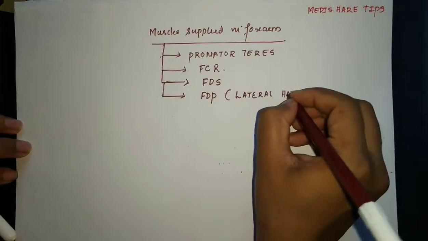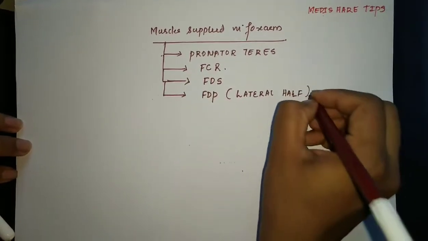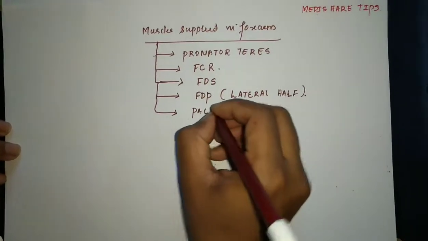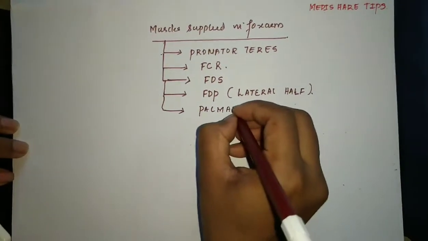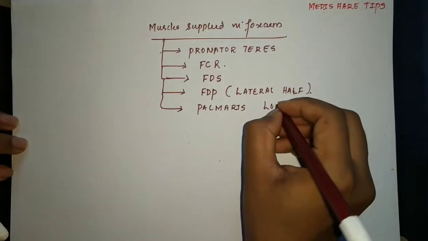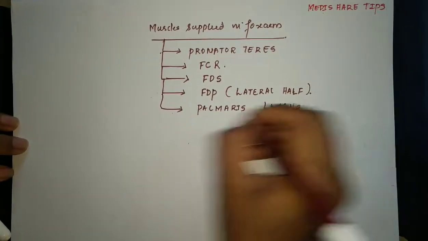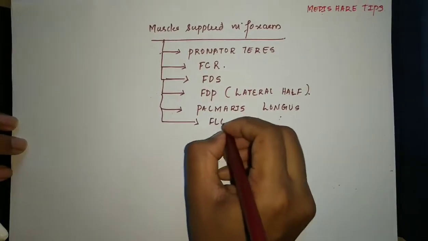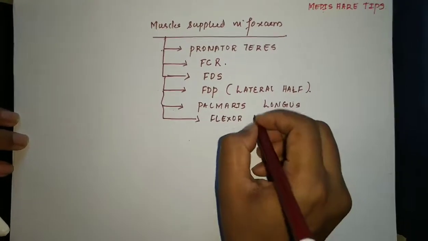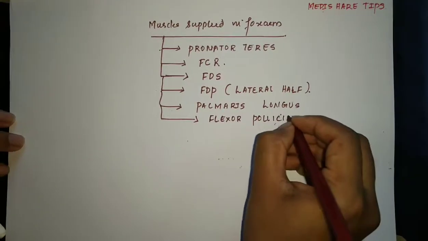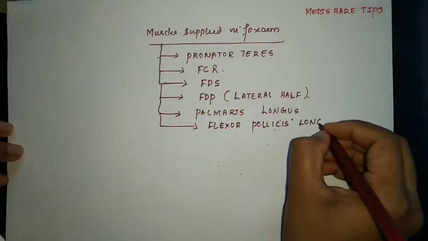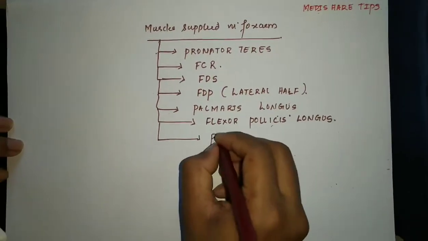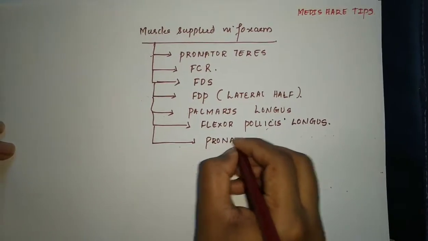The medial half of this muscle is supplied by the ulnar nerve. Then palmaris longus. Another deep muscle is flexor pollicis longus. Another deep muscle is pronator quadratus.